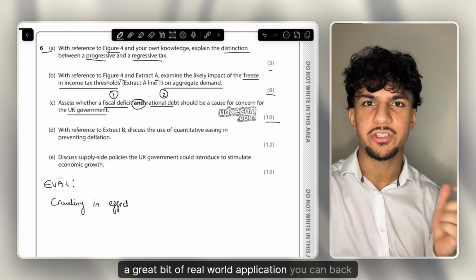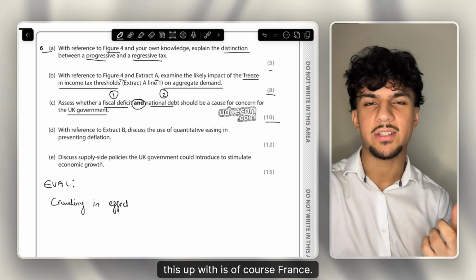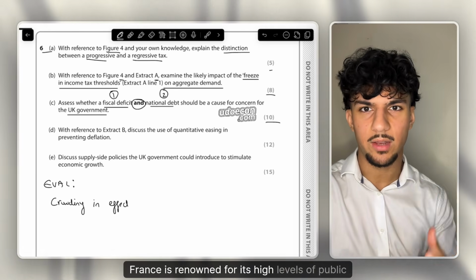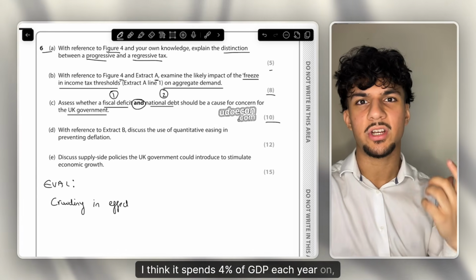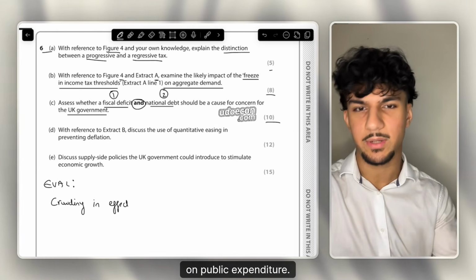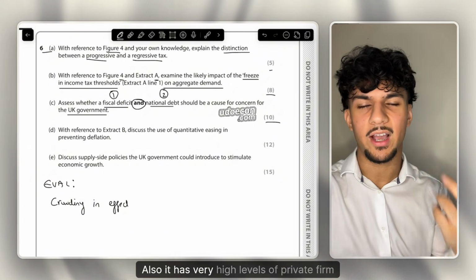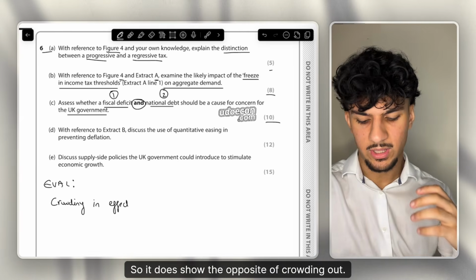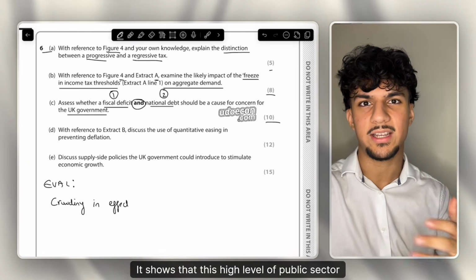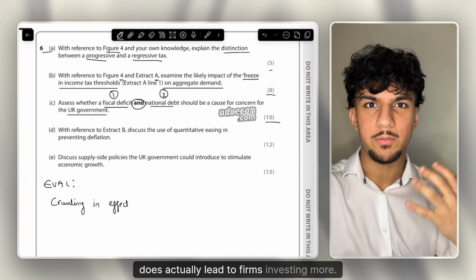A great bit of real world application you can back this up with is of course France. France is renowned for its high levels of public investment. For example, I think it spends 4% of GDP each year on public infrastructure, on public expenditure. Also, it has very high levels of private firm investment, so it does show the opposite of crowding out. It shows that this high level of public sector investment does actually lead to firms investing more.